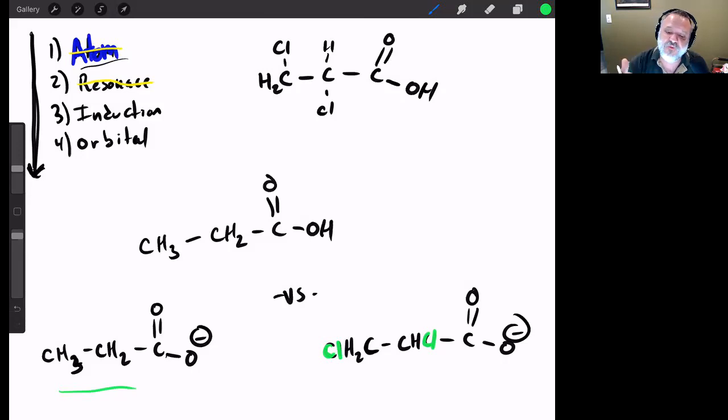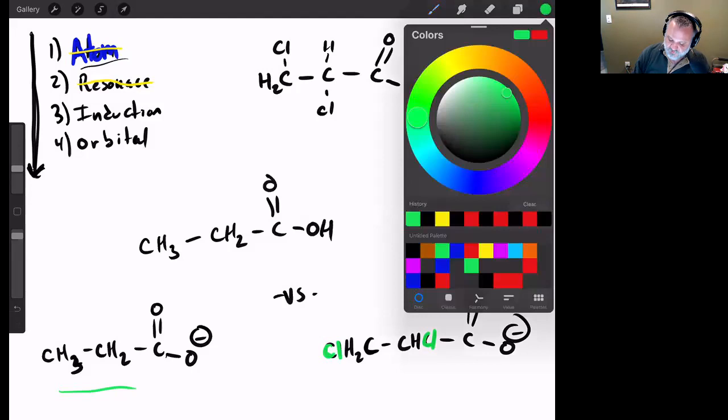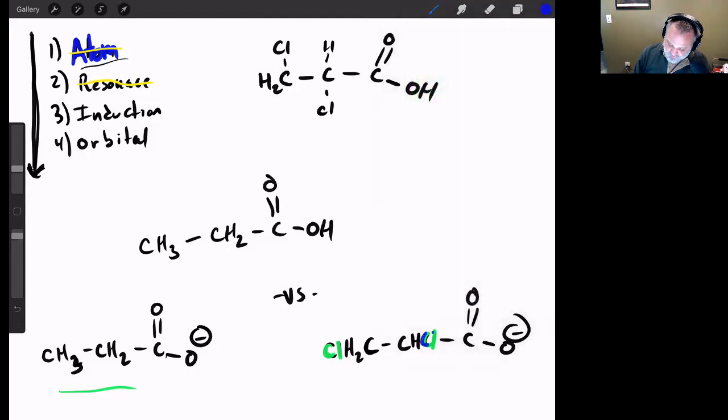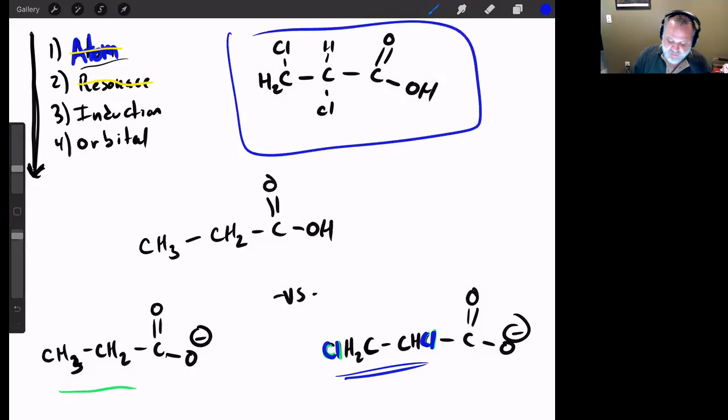But in the species on the right, not only is it delocalized between the oxygens, but the presence of the electronegative chlorines withdraws electron density away from the carbon-oxygen part of the molecule, and thus further delocalizes the negative charge towards this side of the molecule. And that's going to provide additional stability, making this species the stronger acid.